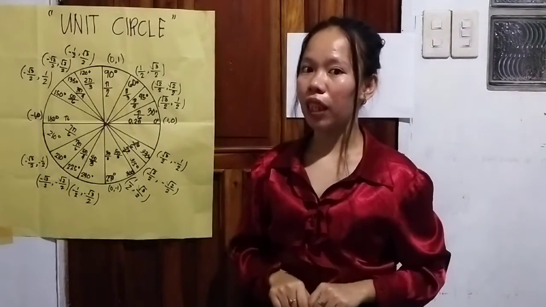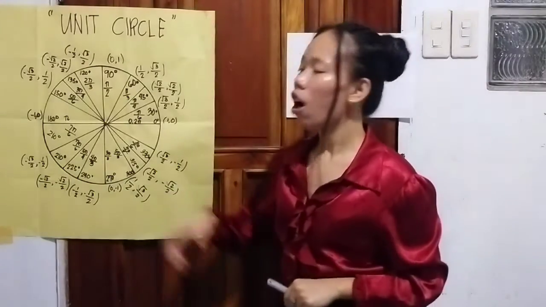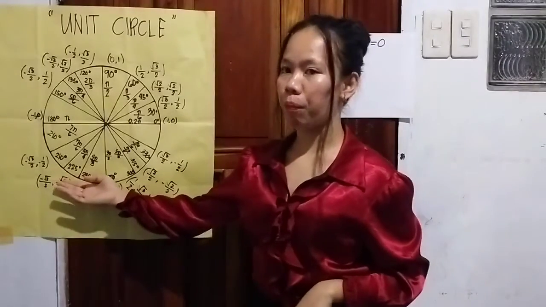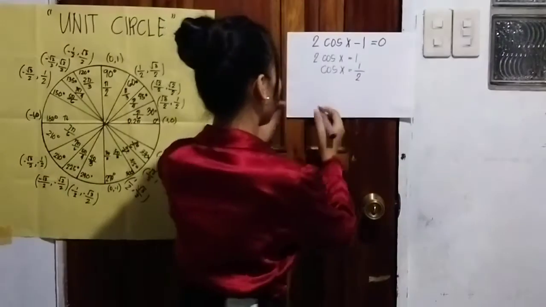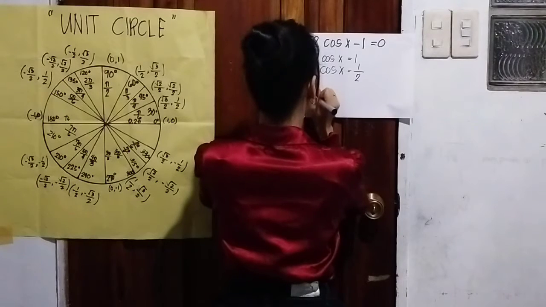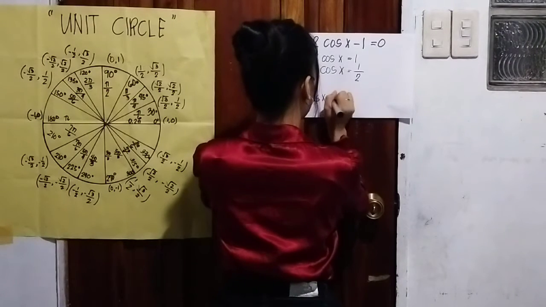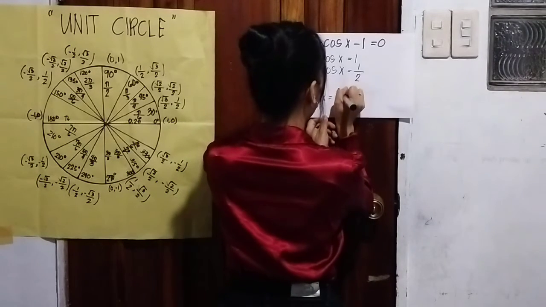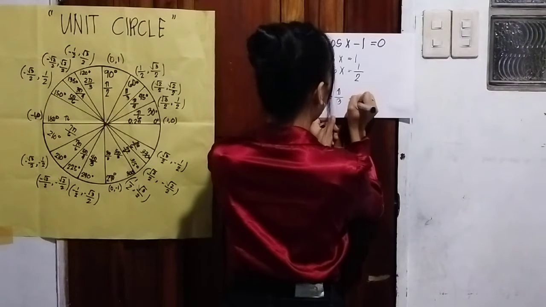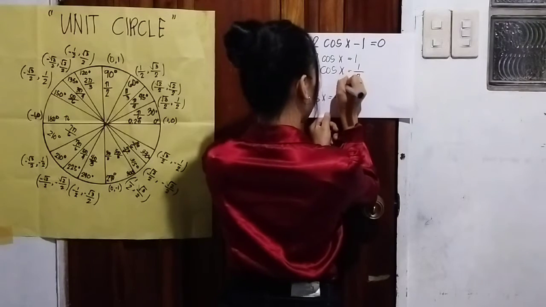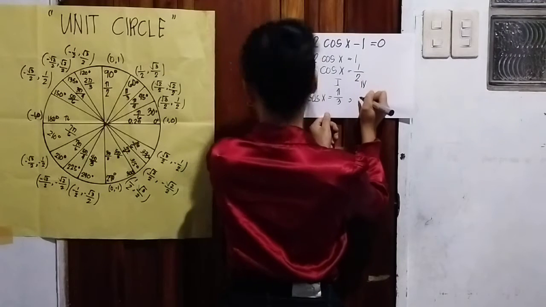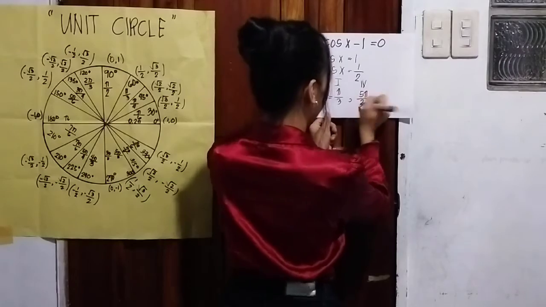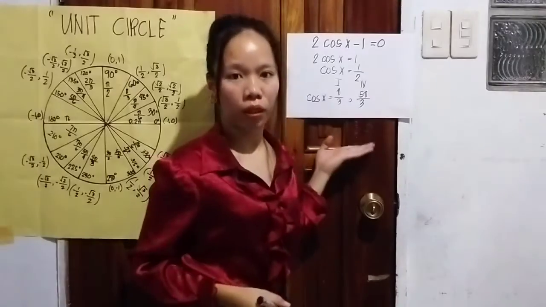Then the reference angle in quadrant 1 must be 1/3 pi and in quadrant 4 must be 5/3 pi. So the answer is cos x is equal to 1/3 pi in quadrant 1, and in quadrant 4, it must be 5/3 pi. So this is it.